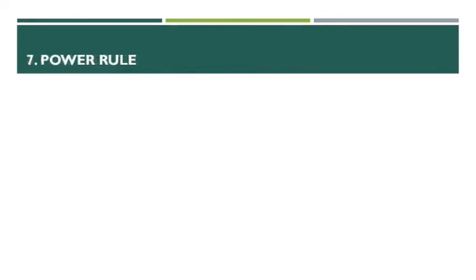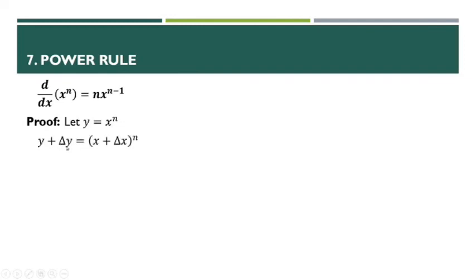Number 7, power rule. The derivative of x raised to n is equal to n times x raised to n minus 1. So as a proof, let's say function y is equal to x raised to n. So if we add increment of y or delta y, dun sa ating input naman, dadagdag tayo ng increment of x. So y is equal to x raised to n.